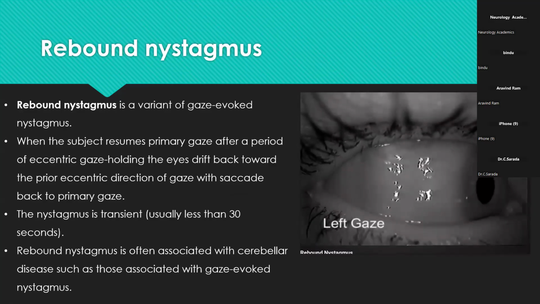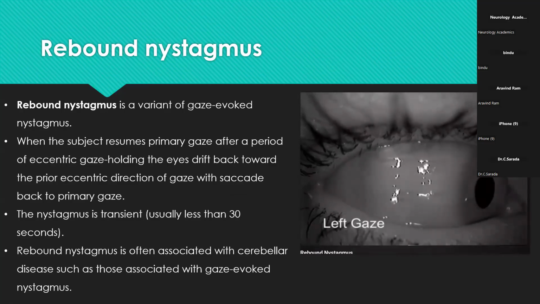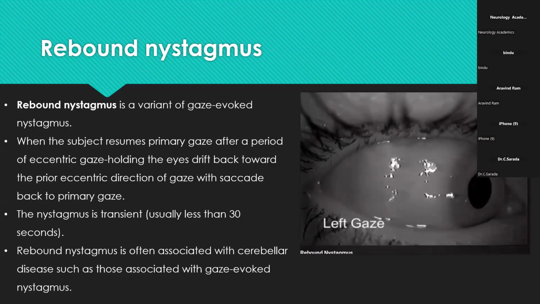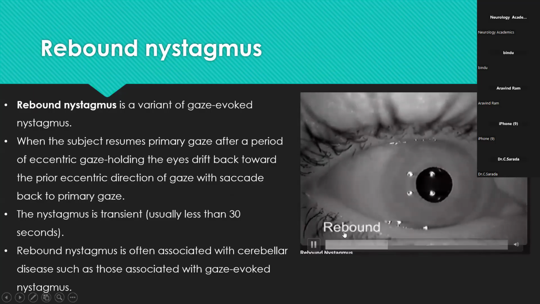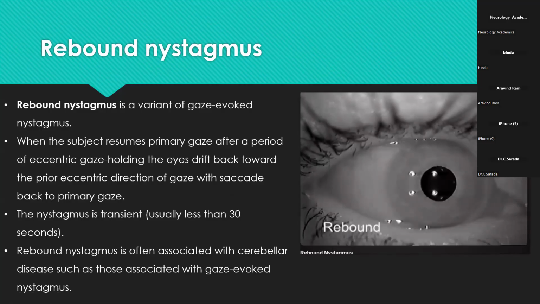Coming to rebound nystagmus. Rebound nystagmus is again a variant of gaze-evoked nystagmus. When the subject is resuming primary gaze after a period of eccentric gaze, the eyes tend to drift back towards the prior eccentric gaze with a saccade back to the primary gaze, as in this video.